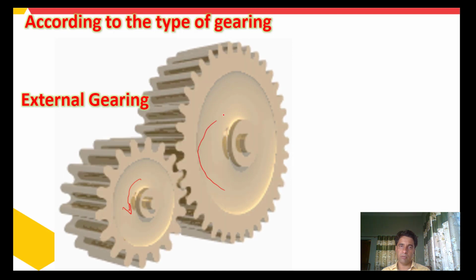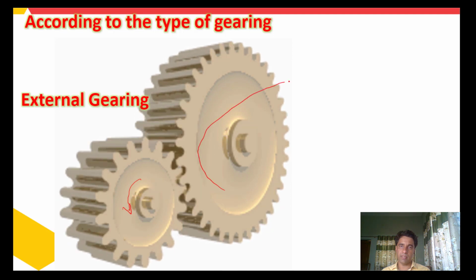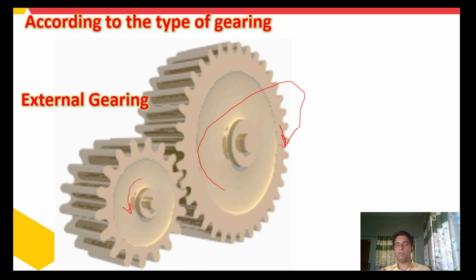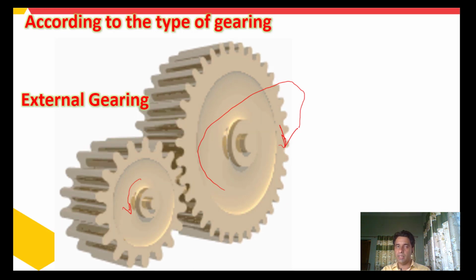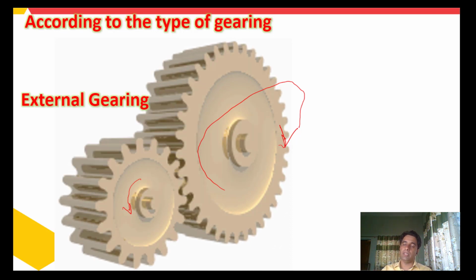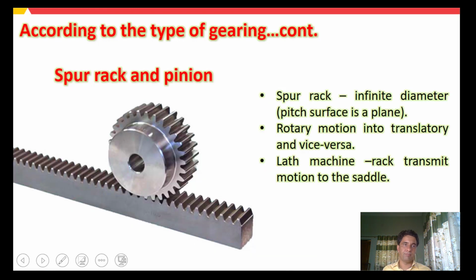So this is the sense of rotation of the driven gear. Opposite to this one, this is rotating in the counterclockwise direction, whereas the gear wheel is rotating in the clockwise direction. So the external gearing signifies that.